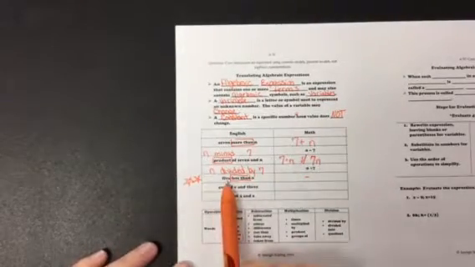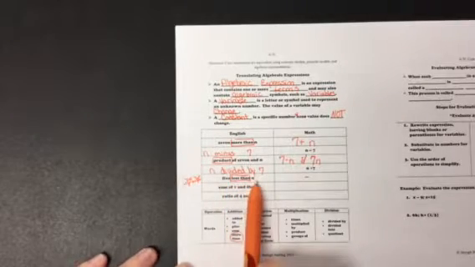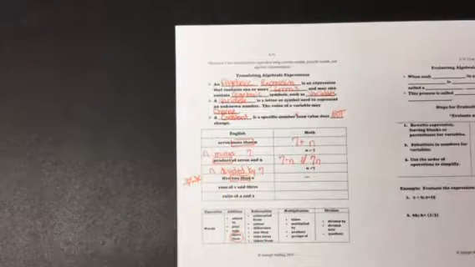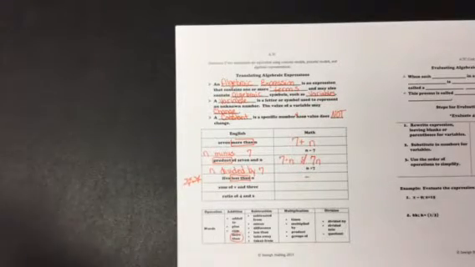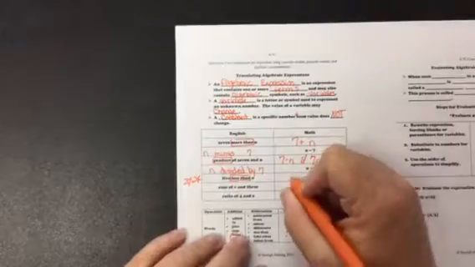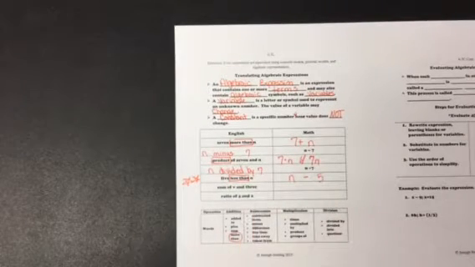It says 5 less than n. So what number is actually going to go first? If I have a number and then I'm taking 5 less than it, I'm going to do n minus 5.